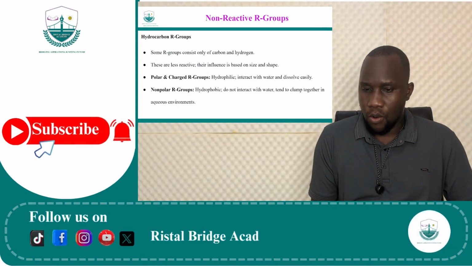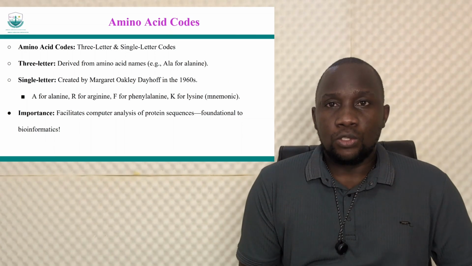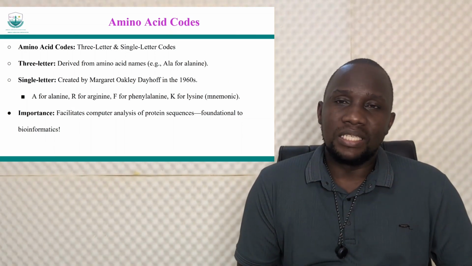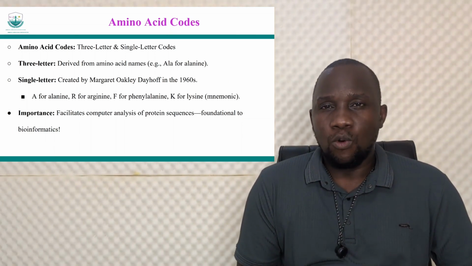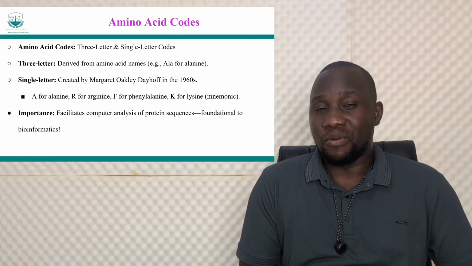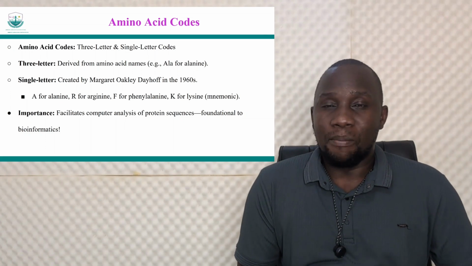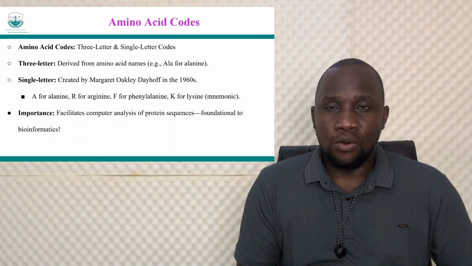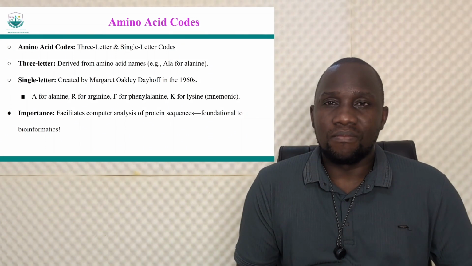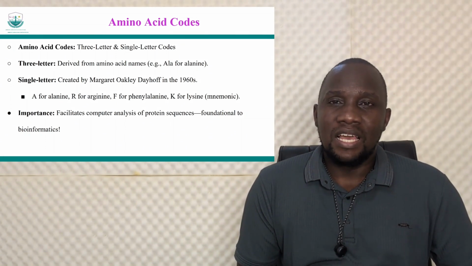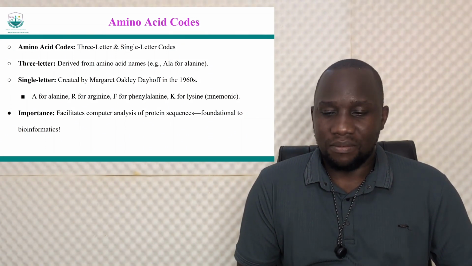So we move forward to how scientists write these different amino acids. They will not always write the full name of these different amino acids. Remember, we talked about the 20 amino acids. Some of these amino acids can be represented by a single letter.